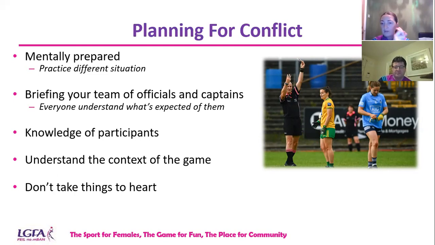What do I do if the other team don't understand that? What do I do if I send somebody off for 3 ticks and they're unaware of that? You're thinking of different things. What do I do if a player tells me to F off? What are my steps? What steps do I take?